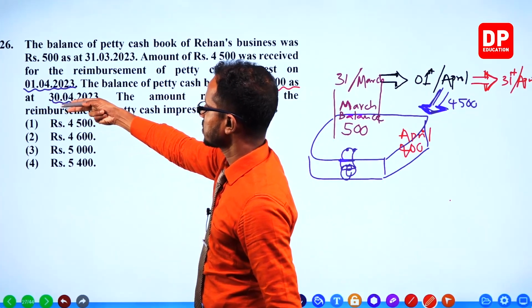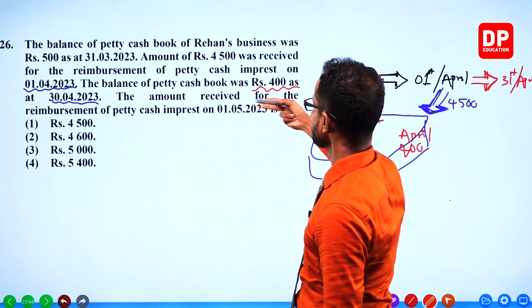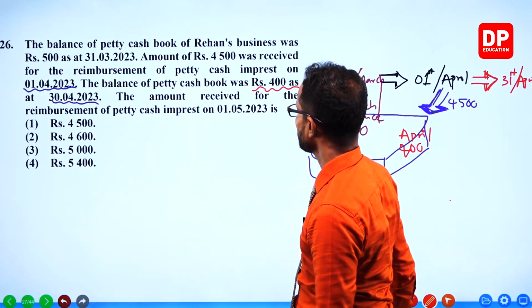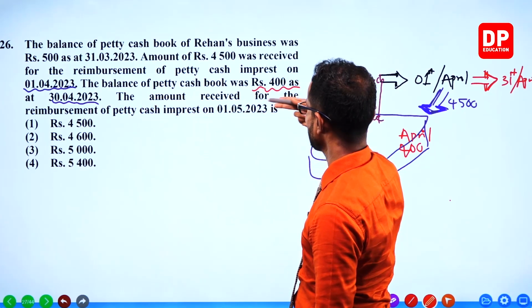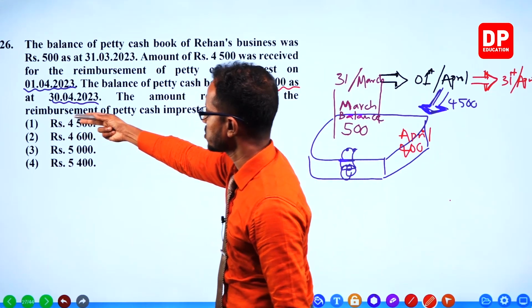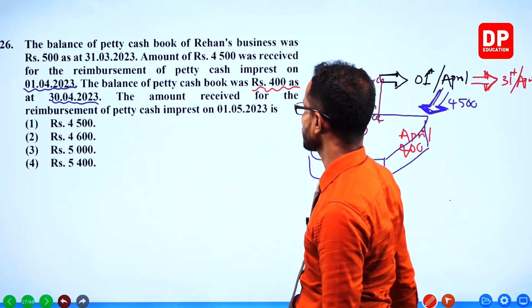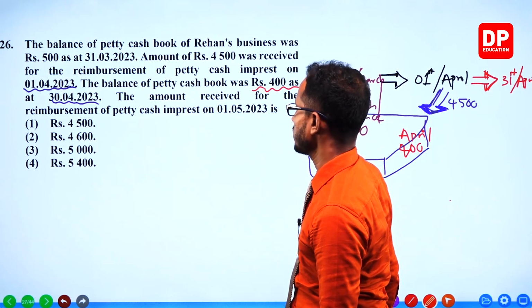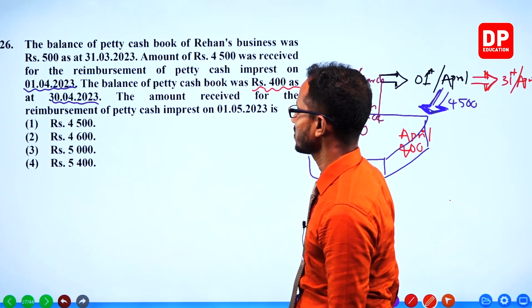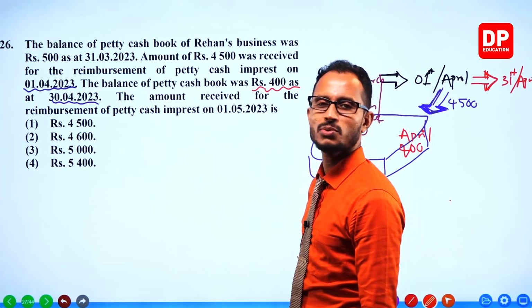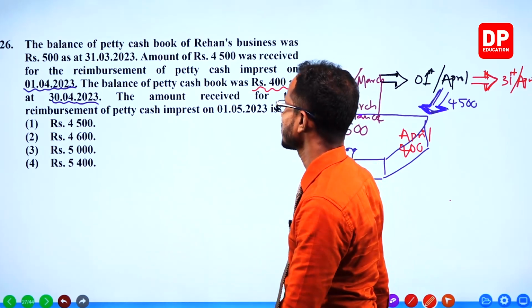As at 30th April 2020, the amount received for the reimbursement of petty cash interest 1st May. Oh my god, it's an easy question. Why did we go so far?